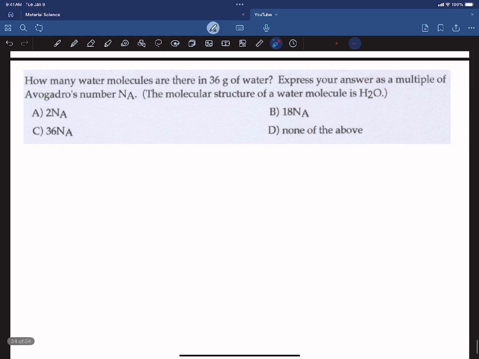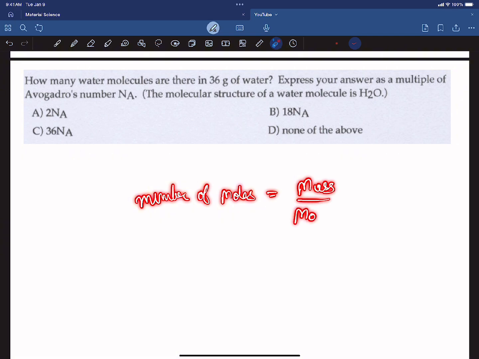So number of moles of water is equal to mass of water upon molar mass of water.